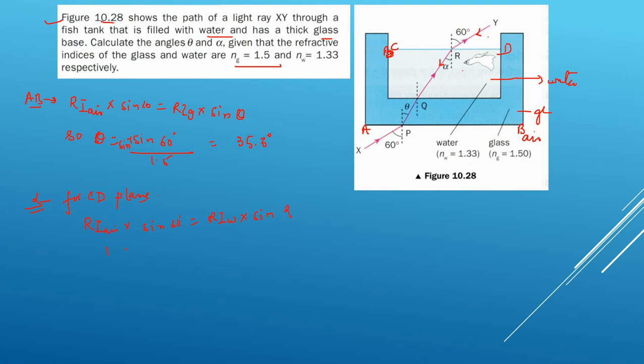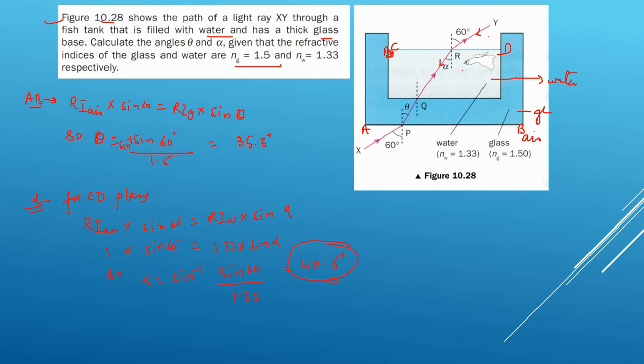So air 1 times sine 60 is equal to water 1.33 into sine alpha. So alpha will be sine inverse of sine 60 divided by 1.33. If you solve this, you will get around 40.6 degree.